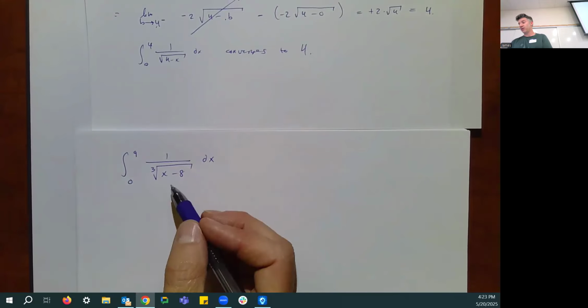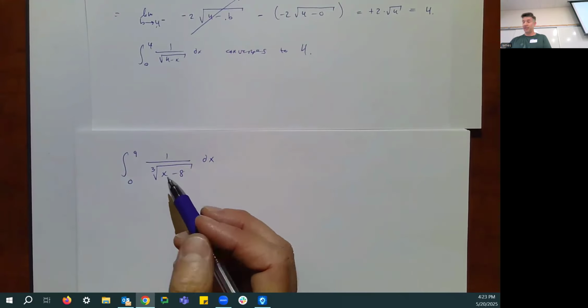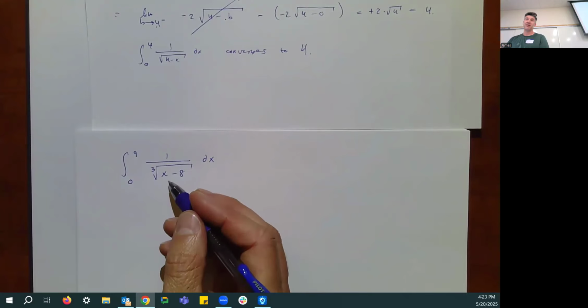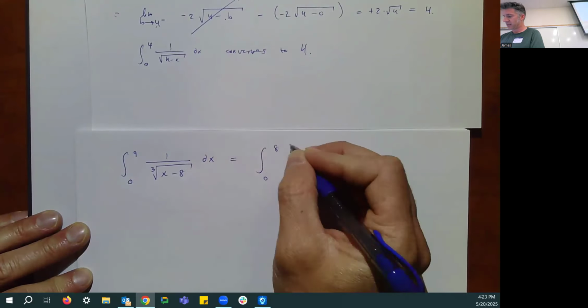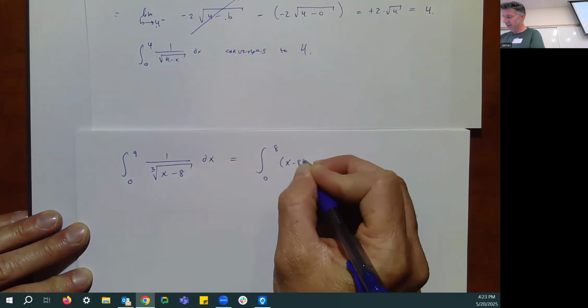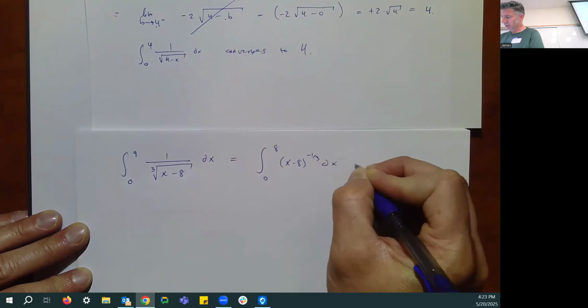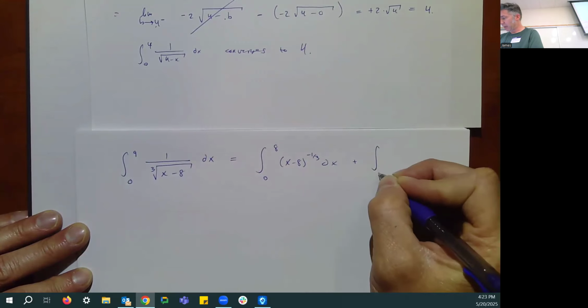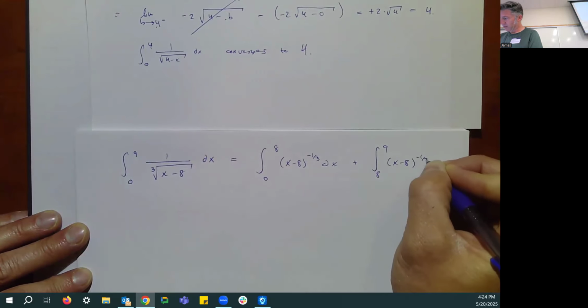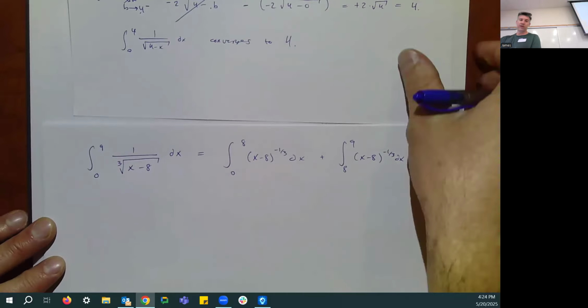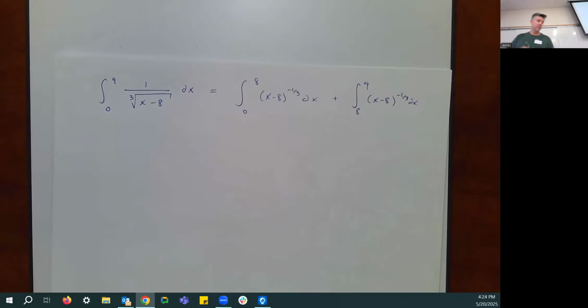But the problem here is that this function is undefined when x is equal to 8. So we'd have to break this up as the integral from 0 to 8 of x minus 8 to the negative 1/3 plus the integral from 8 to 9 of x minus 8 to the negative 1/3. And then we'd have to do each part separately.